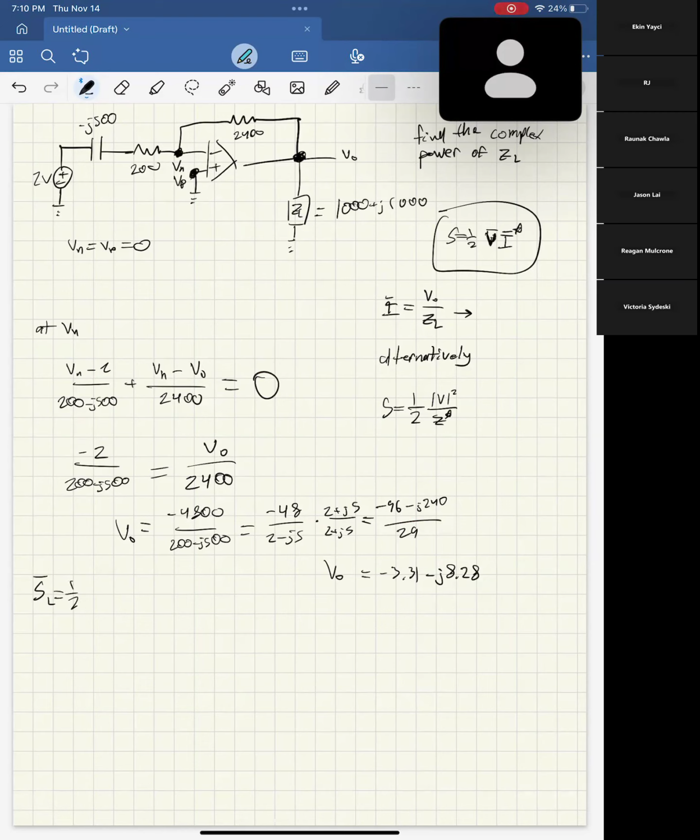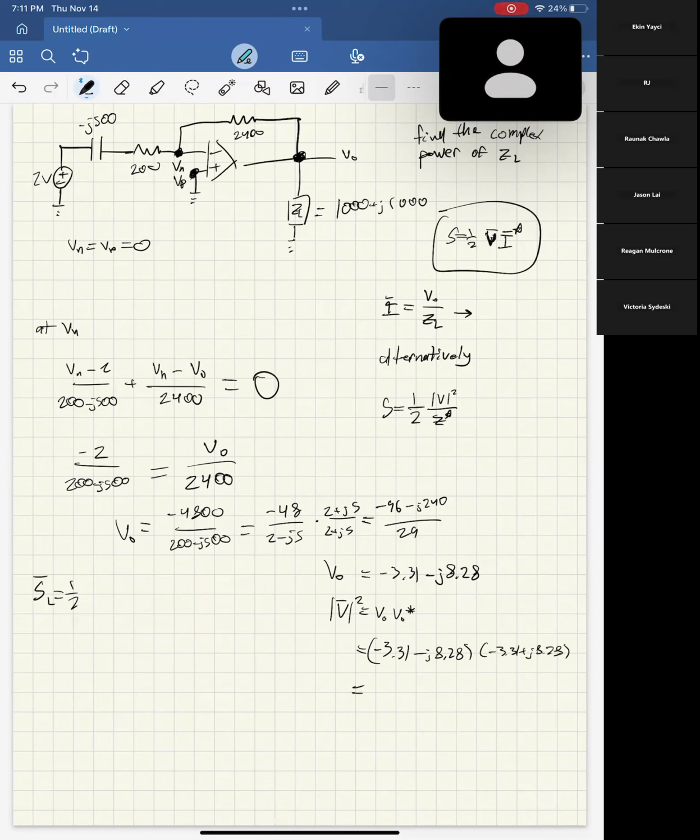1/2 V squared, right? That's actually going to be the magnitude of V squared, which equals V out times V out conjugate, which is going to be -3.31 minus J 8.28 times -3.31 plus J 8.28.